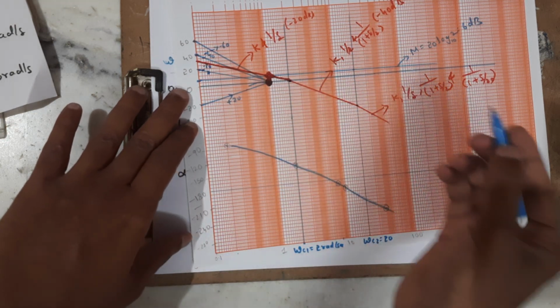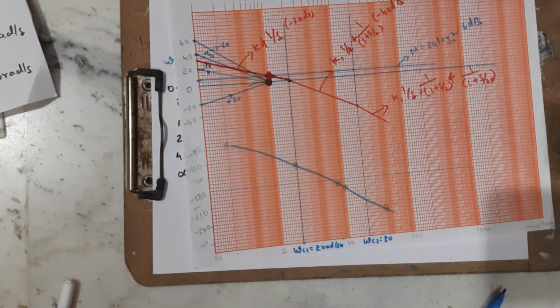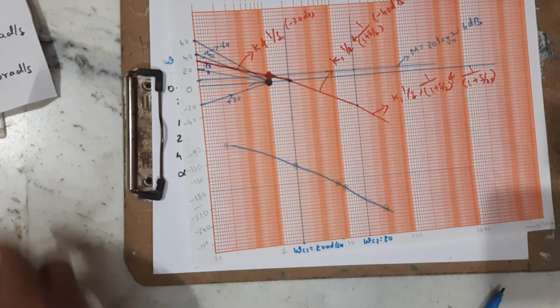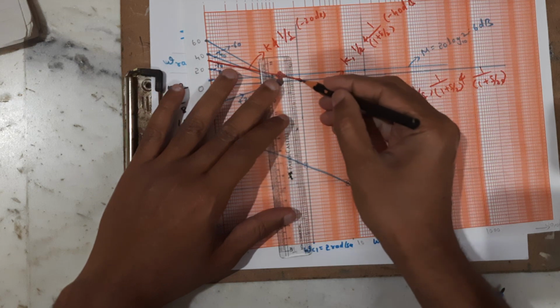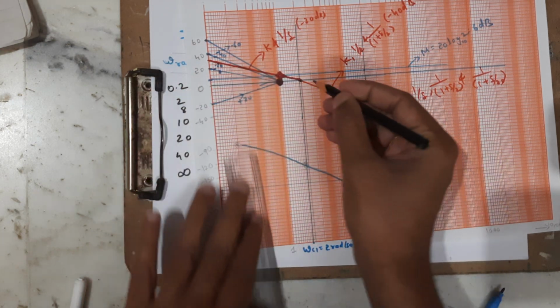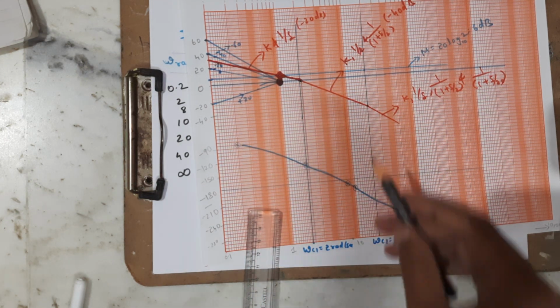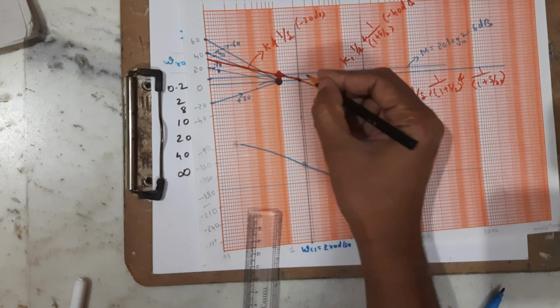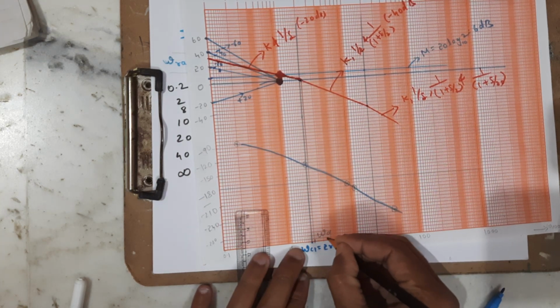So this is where it is going to cross the 0 dB line. With the help of scale, I am going to draw a vertical line downwards. So this is the point where this magnitude plot is crossing the 0 dB line. So this is what we are going to call as omega gc.